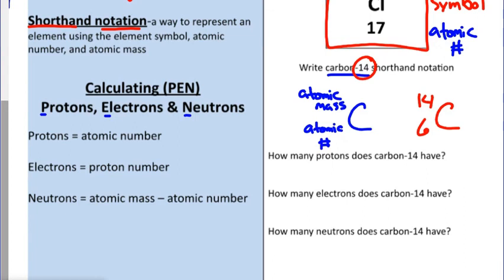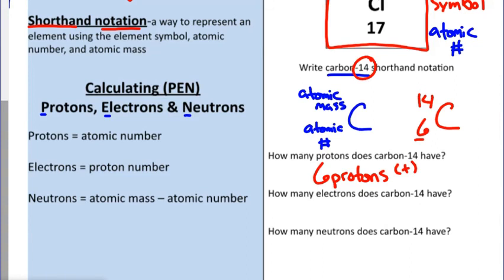So we know that whenever we have a number in the bottom left corner, like the 6, it's referring to how many protons there are. Okay? And if we have an atom, just like we experimented with in our building the atom virtual lab, in order for it to be a neutral atom, with no charge, the number of positive protons has to be canceled out with the number of negative electrons.